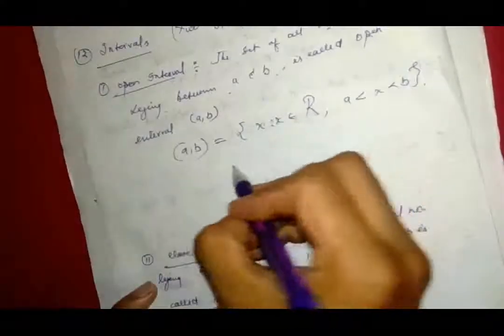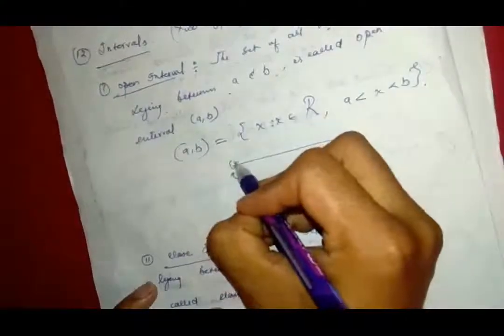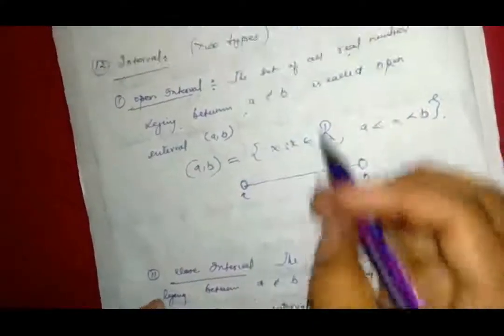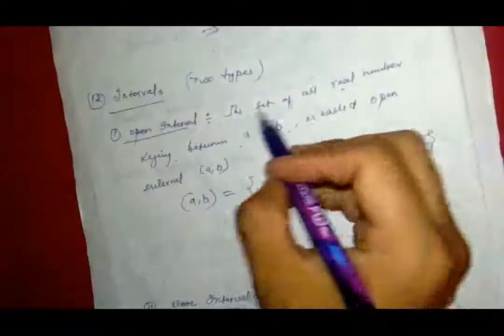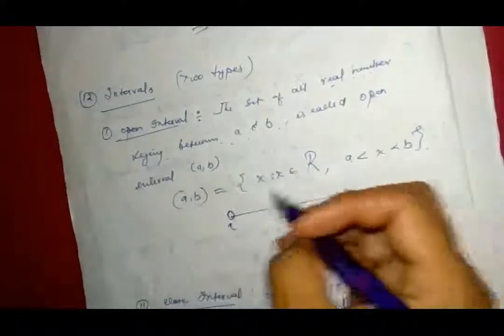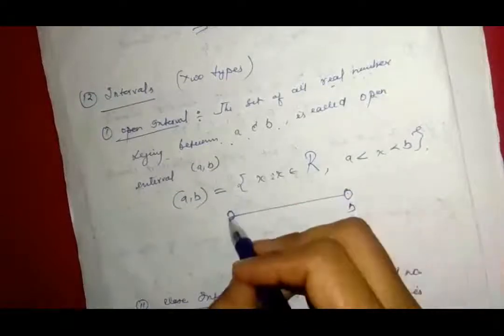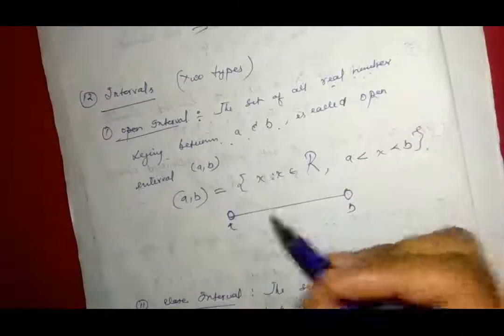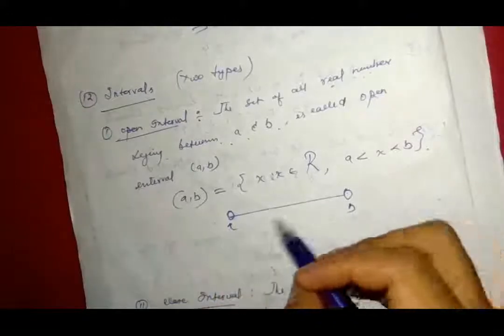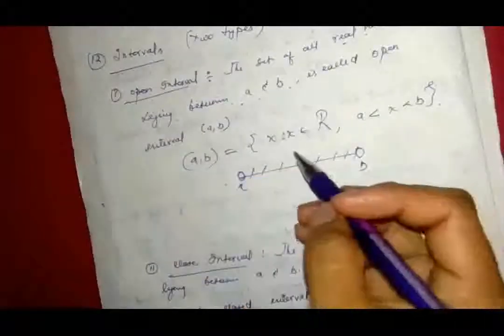Say I'm taking set A and set B. The set contains all real numbers lying between A and B. So here we can see that all the points lying between A and B are included, but A and B do not belong to this interval, which means only these points are included. So we can say that (a, b) is the open interval.